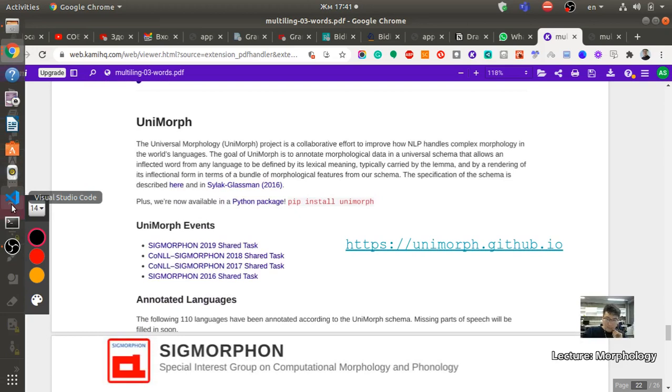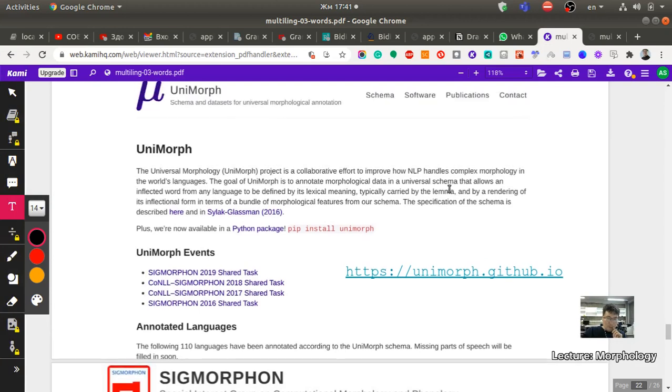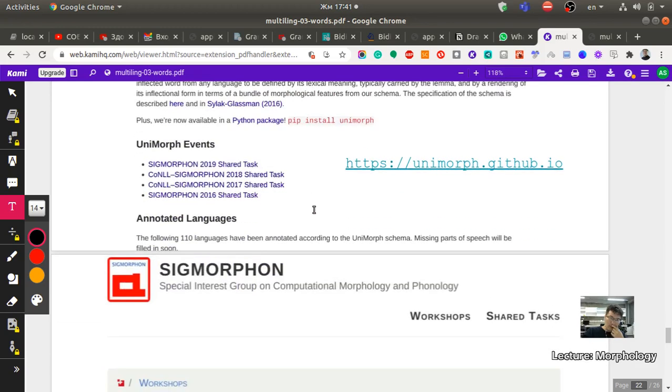So UniMorph is a universal thing which tries to annotate morphological data. For example, if you write lessons, it will say lesson is a root and s is its suffix. So if you want to do something like this in many languages, you should use UniMorph.